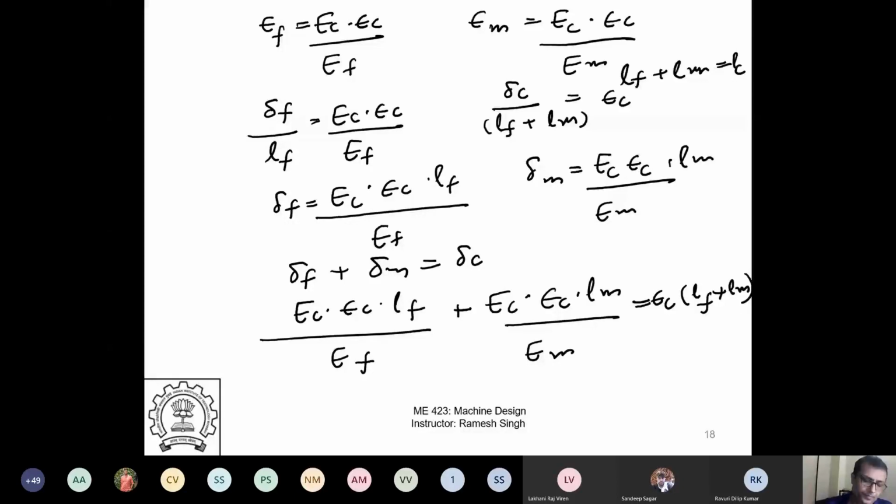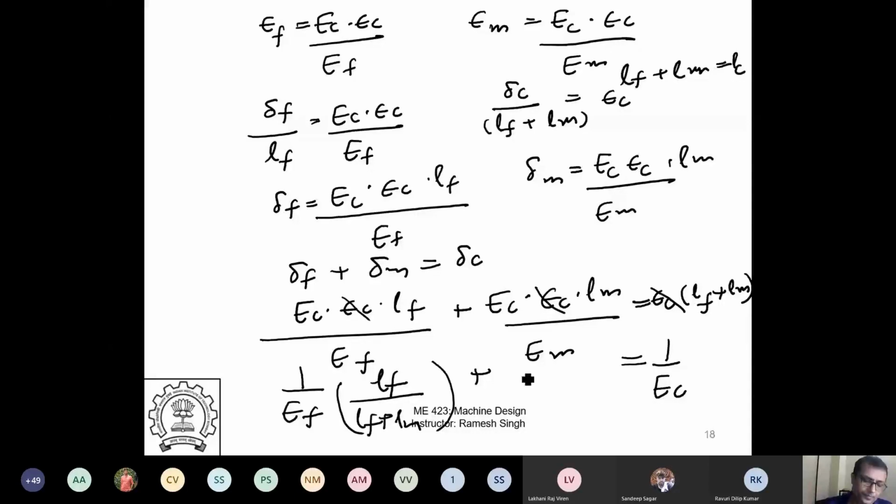Right. Now epsilon C will all get cancelled. So what I get is 1 over EC is equal to 1 over EF times LF by LF plus LM, plus 1 over EM times LM by LF plus LM.